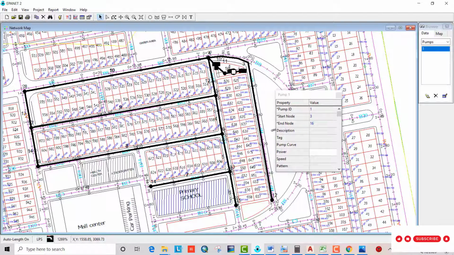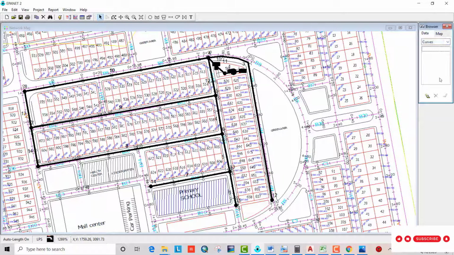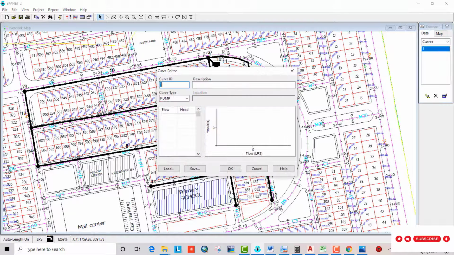Pump from browser. Choose curves. Add. Double click. Okay. Flow 12. Head 330.